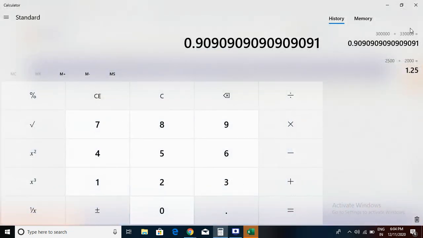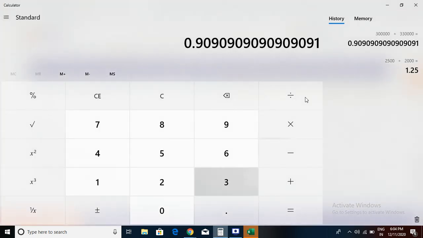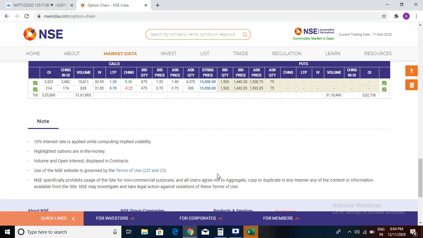See, if you divide 3 lakh puts by 3 lakh 30,000 calls, okay, I took only round figures here to explain, it will show you 0.9. See, if PCR is more than 1, it means more puts are being sold, more puts are being written.